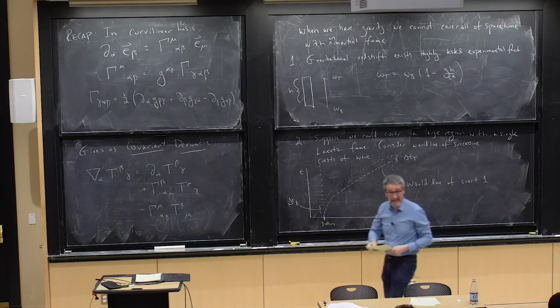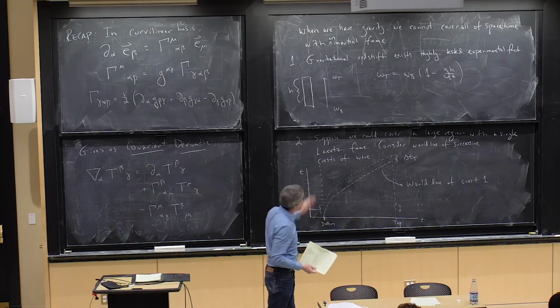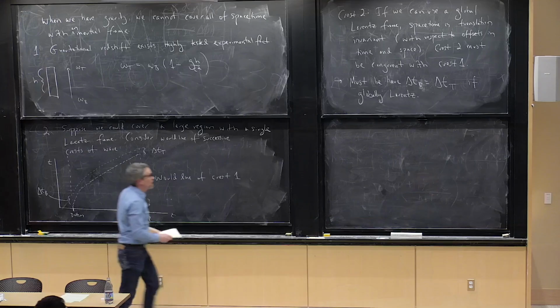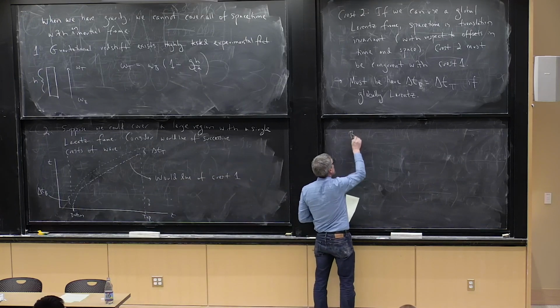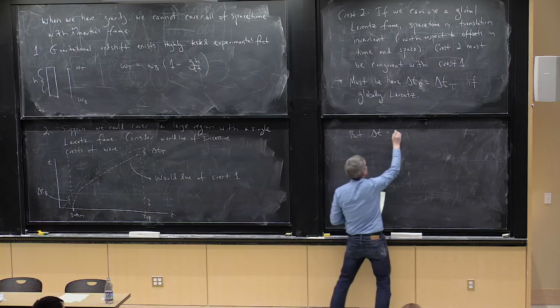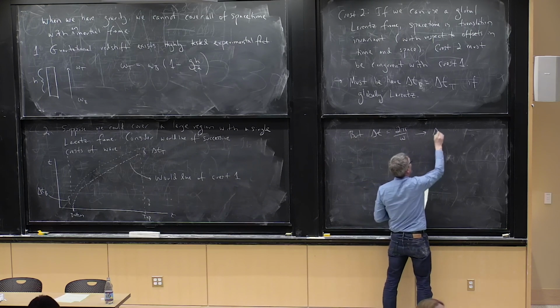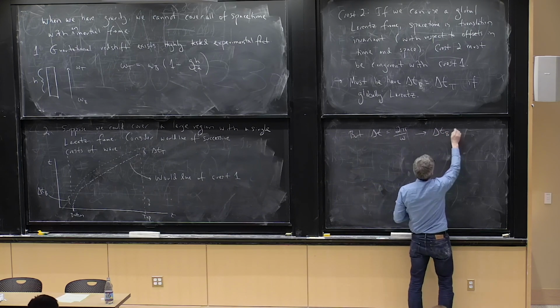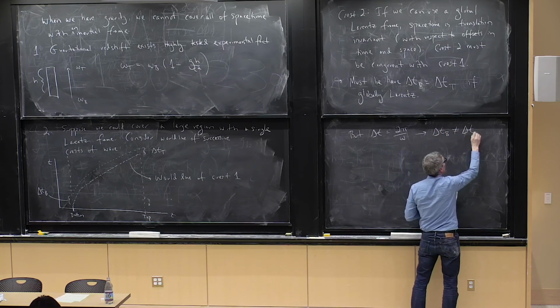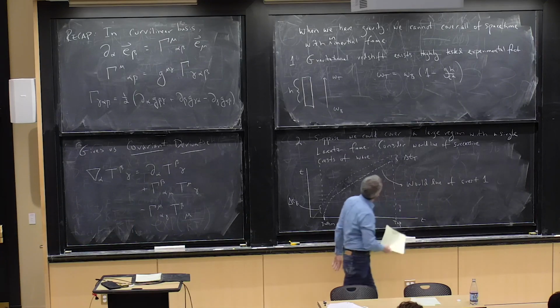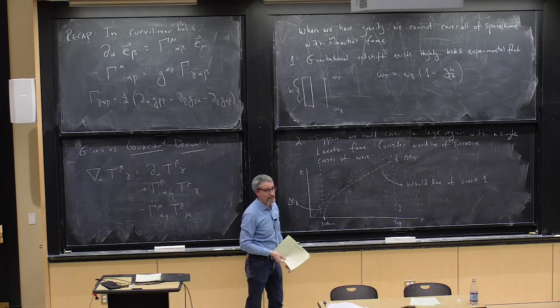But that's spacing. That is just a period of the wave. And that's just up to a factor of 2 pi, 1 over the frequency. So this contradicts the experiment, which says delta TB is not equal to delta TT. The frequency at the top is smaller, so the period will actually be a little bit larger.